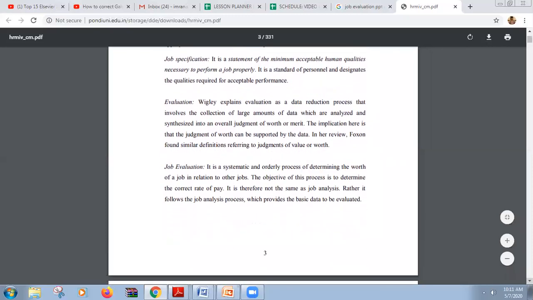Next is job evaluation. This is the process of analyzing a particular job: how much time will it take.